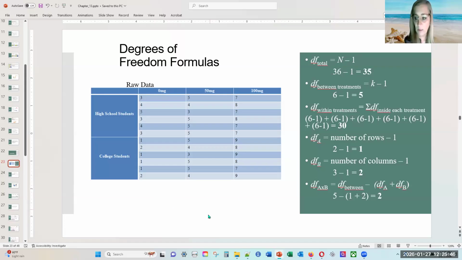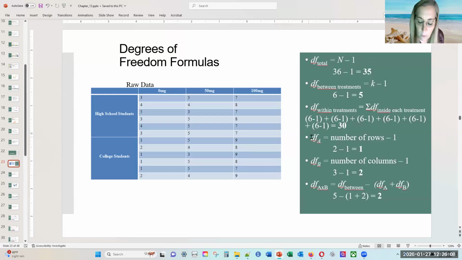Well, I could also just say it's a 3 by 3 factorial ANOVA, so 3 times 3 equals a total n of 9. And you'll find that that is true for however many factors and however many levels you add. It's just a case of multiplying.